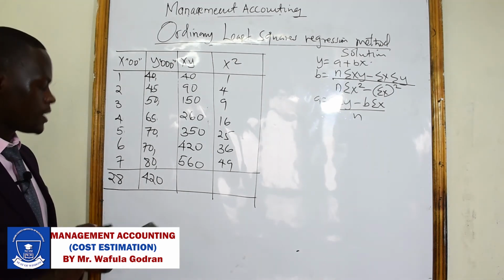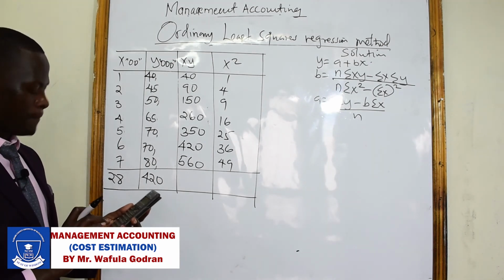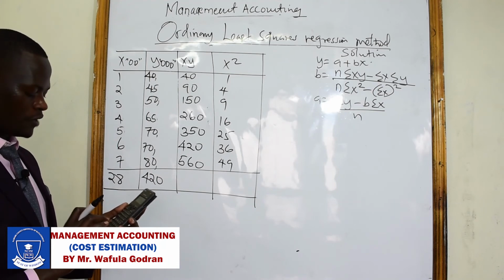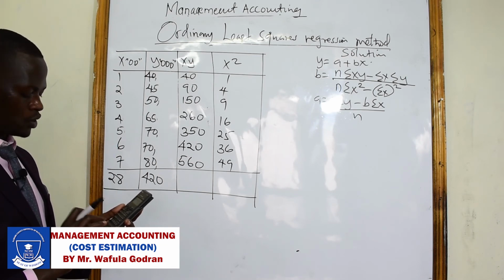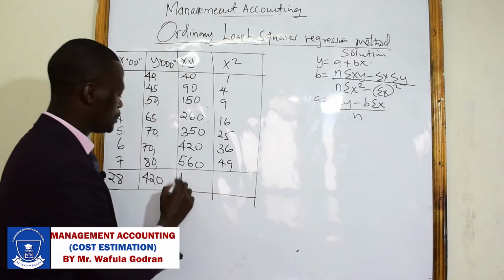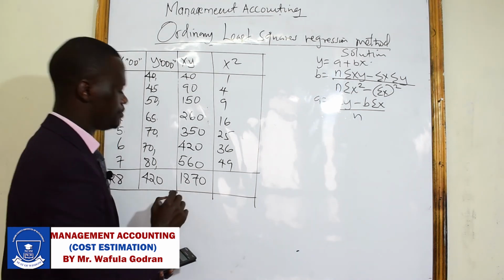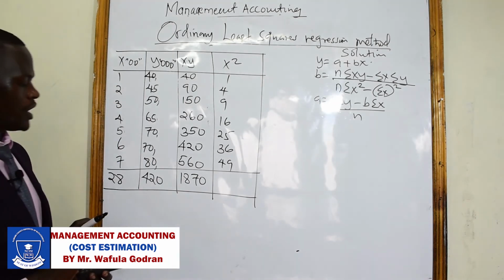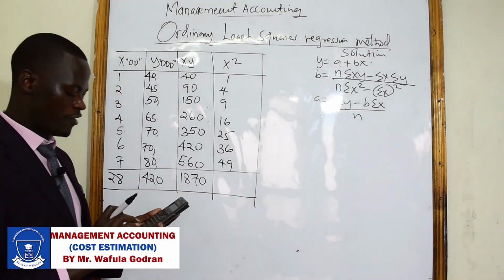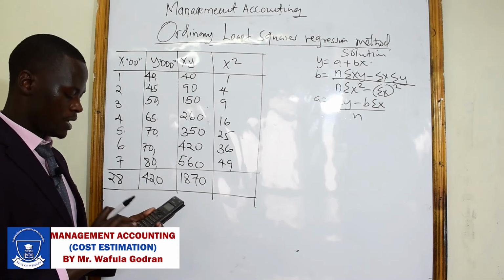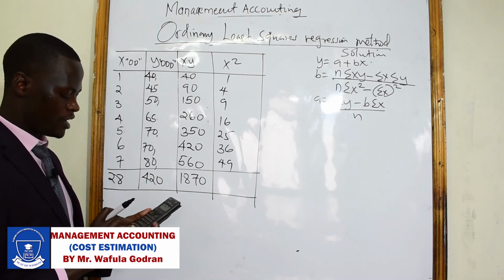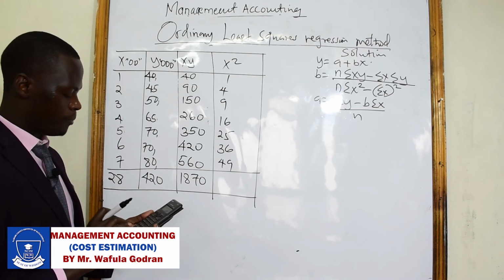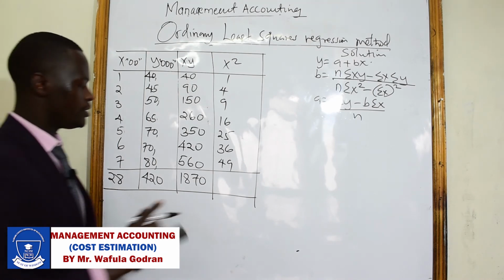Summation of xy, it will be 40 plus 90 plus 150 plus 260 plus 350 plus 420 plus 560. That will be 1870. Summation of x squared, it will be 5 plus 9 plus 16 plus 25 plus 36 plus 49. You get 140.